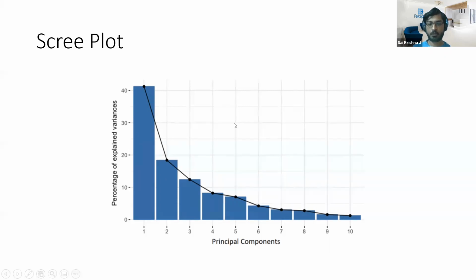Okay. So now if you see here, the principal component 1 alone is enough to explain up to 40% of the variation in the target variable. Okay. So the second principal component alone is enough to explain around 15% of the variation in the target, and so on. So this is where you make the choice as to how many principal components you want to have in your final data set.